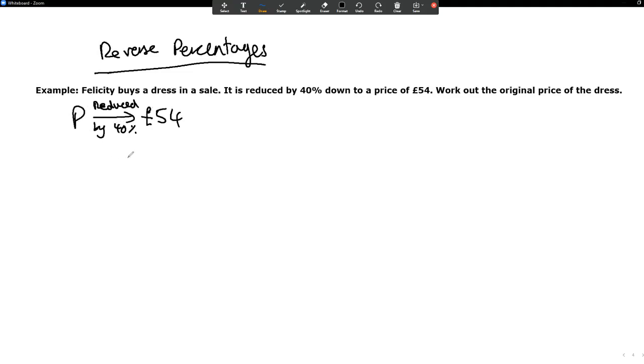So it might be tempting to just say, okay, if we multiplied by 0.4 to get to 54, how about we just increase it by 40%?